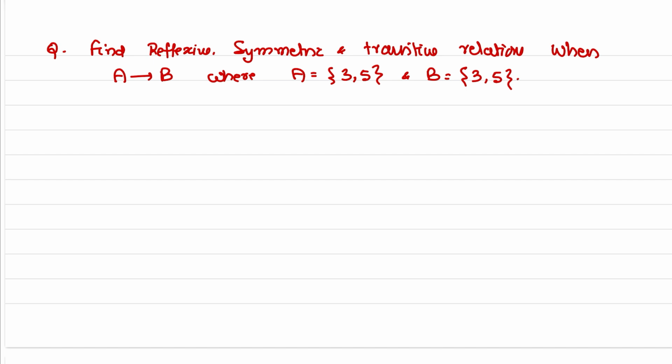When you are learning, start learning with simple things and step forward to complex things. Now we have taken a set of two elements in A and two elements in B, and the elements are the same in both the sets.